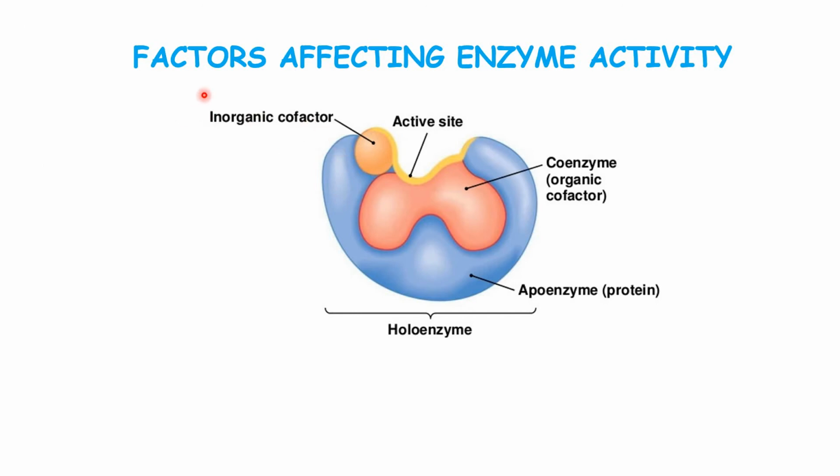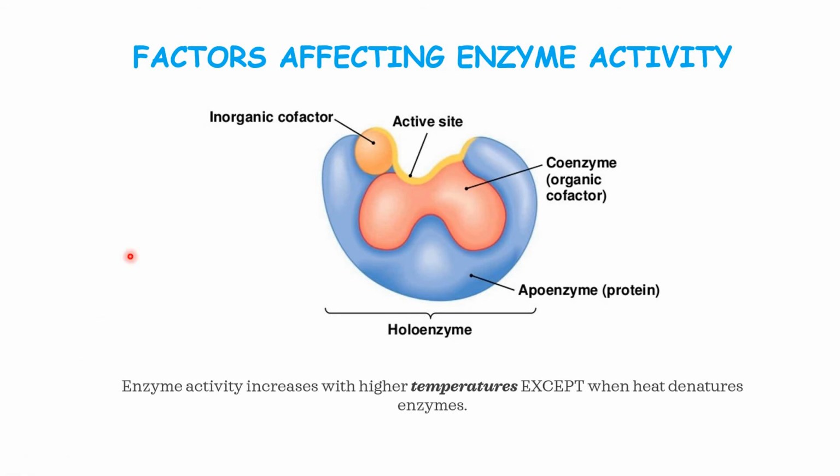Now let's talk about the factors affecting enzymatic activities. We are being introduced here to a review of the parts of the holoenzyme. We have the apoenzyme, the coenzyme or inorganic cofactor, and the active site.